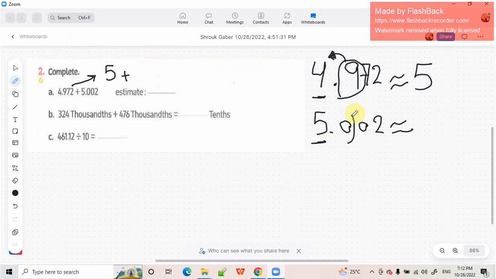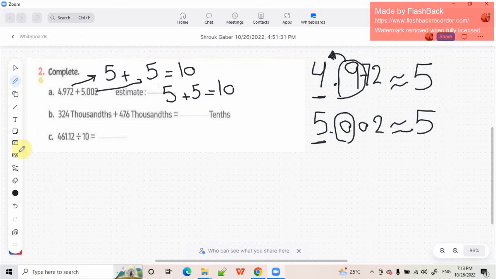So the circle is 0. 0 is a poor number. It will not give 1 to 5, so the answer will be 5. Now 5 plus 5 equal 10. So the estimation is 5 plus 5 equal 10. Okay, so we make estimation before we add.